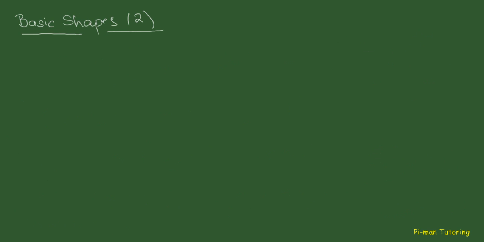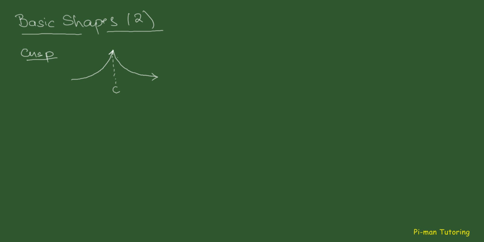So let's look at some other basic shapes that you will encounter in plotting graphs. One is a cusp, and this is where we have some positive curvature immediately followed by some negative curvature.